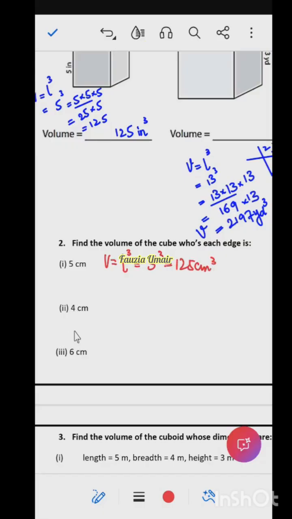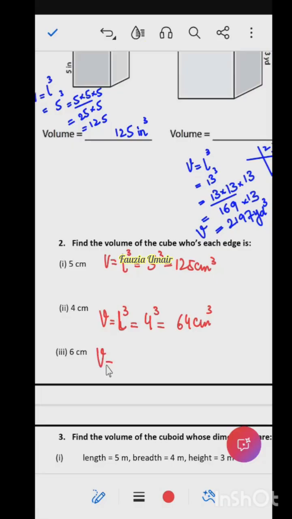Acha, what if the side, edge is 4 centimeter? What is 4 cube? 64. That's right, 64.